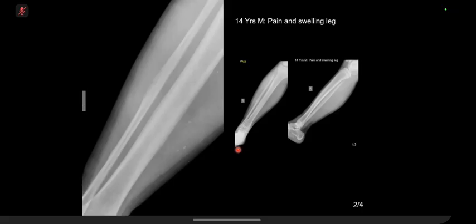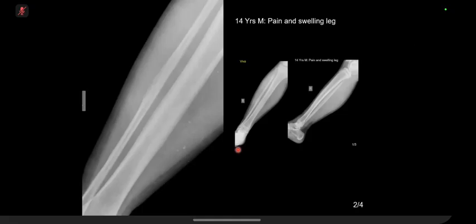If I compare the soft tissue density of the surrounding leg or distal leg, there may be a bit of soft tissue component, but it's very hard to say on this projection. But this is an aggressive lesion in the diaphysis of the fibula with cortical irregularity.